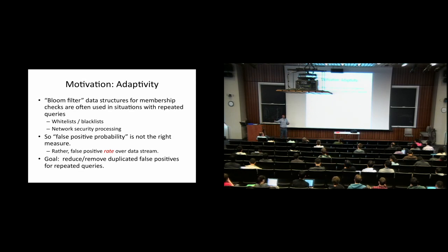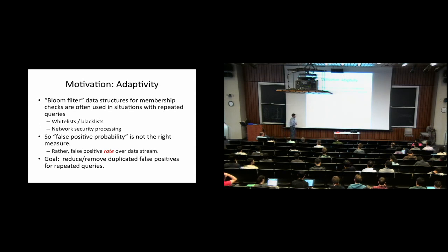And sometimes those queries can be repeated. So if we're looking at, for example, network security, where you might use a Bloom filter as an initial stage for a whitelist or a blacklist, you might see certain URLs or certain network addresses over and over and over again. So that means if you get a false positive on it once, you're going to keep getting false positives every time you see it.